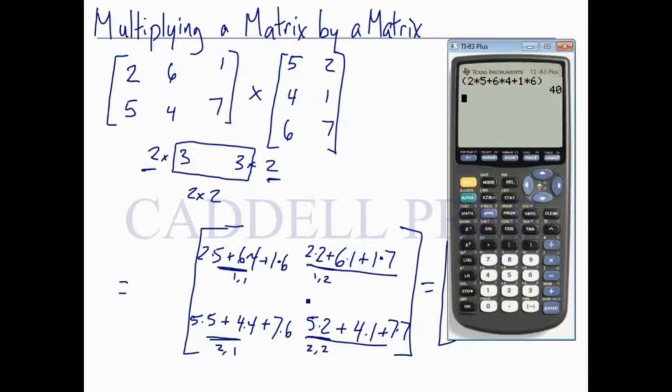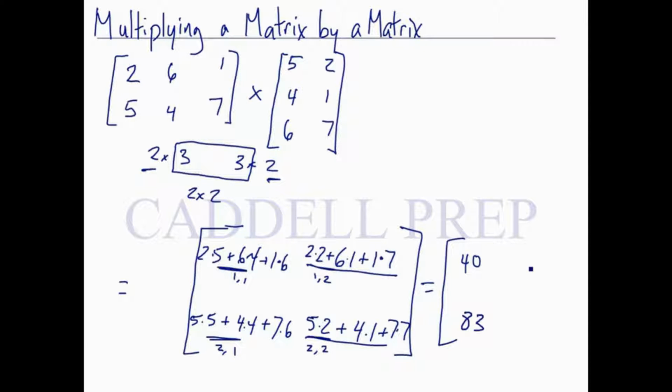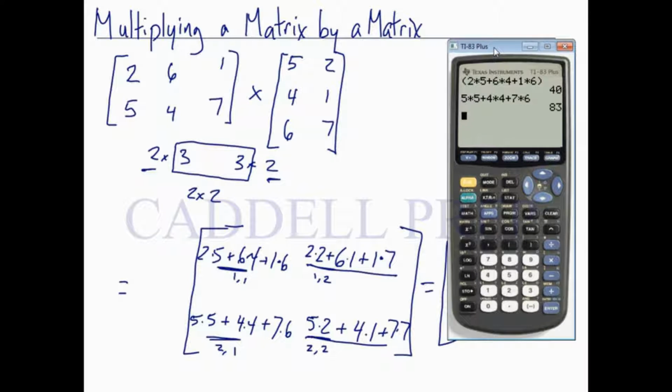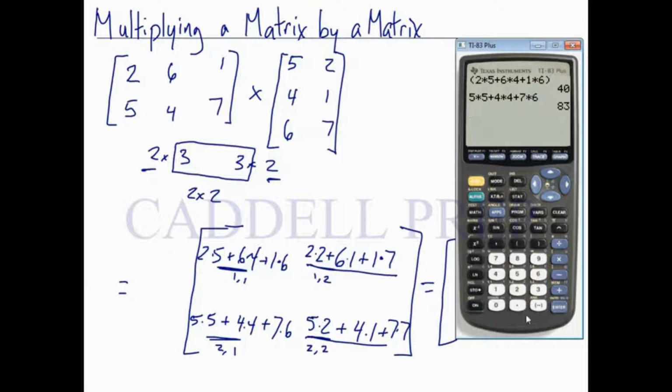Alright, now for this element, 5 times 5 plus 4 times 4 plus 7 times 6. So this is going to be 83. Then we got this element to do, so 2 times 2 plus 6 times 1 plus 1 times 7, 17.